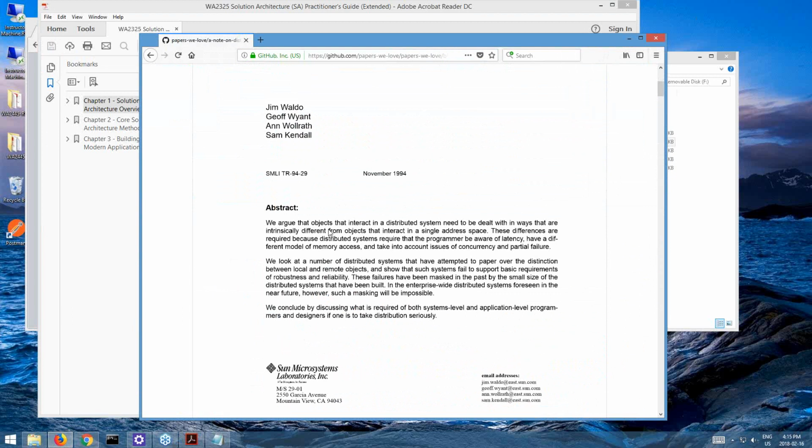Anyway, the point of this paper is to point out that we have to accept that because of network effects and limited failures and temporary, transient failures, we have to treat anything that crosses a process boundary, anything that involves communications, as fundamentally different, a fundamentally different creature than internal method calls.